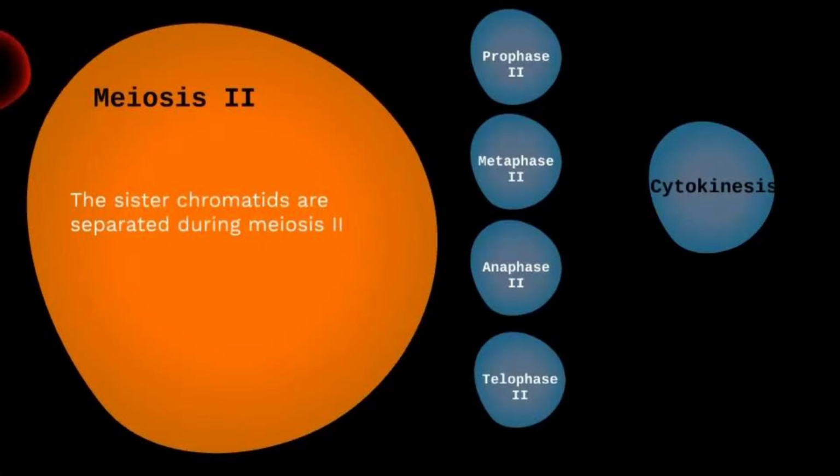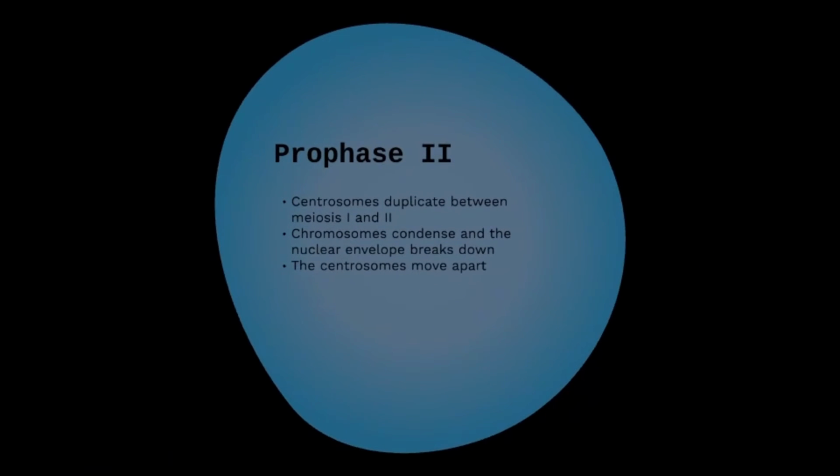So we then have meiosis II. So meiosis II is again prophase, metaphase, anaphase, telophase, but with a 2 after each one. So during prophase II, the centrosomes duplicate between meiosis I and II, so that there are a new set of centrosomes to release the spindle fibres to pull the sister chromatids apart.